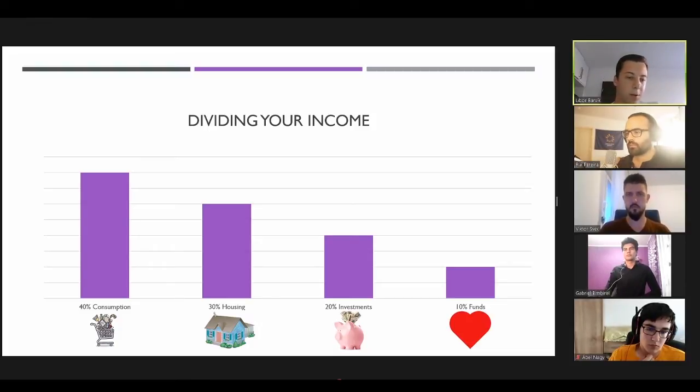I would say, for example, right now I live in a house that a friend of mine owns, and he doesn't live in it. He just rents it to us, to students, and it makes him some extra money. So why not? And the last part is 10%, and it is for short-term funds.